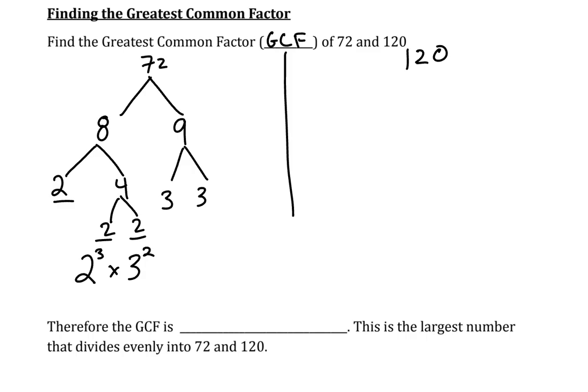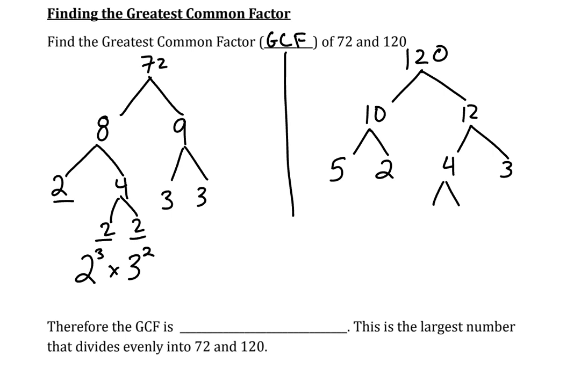Let's see how this next one breaks down. 120 is the same thing as 10 times 12. 10 just breaks down into 5 and 2. Can't break down that any further. Let's go to 12. We have 4 and 3. And the 4 can break down here to 2 and 2.